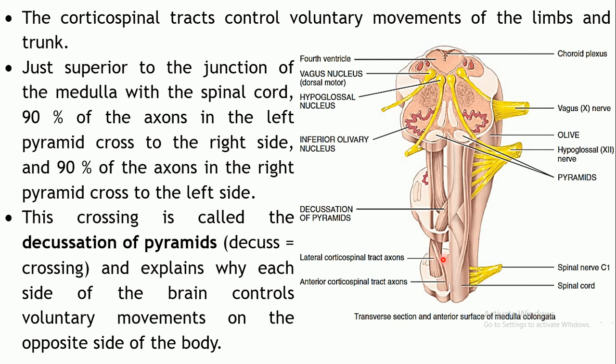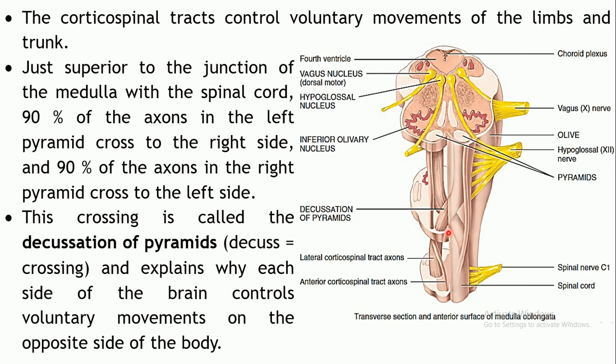So all the spinal nerves are in the form of pairs, right? Whatever information is processed by the brain will also be carried towards both sides of the spinal cord. But there is something happening over here with these corticospinal tracts, right?